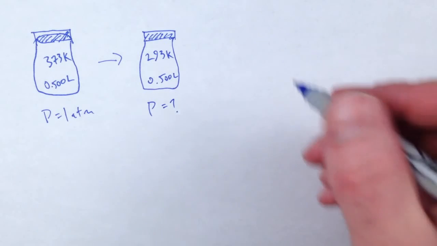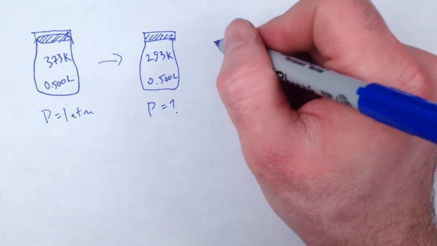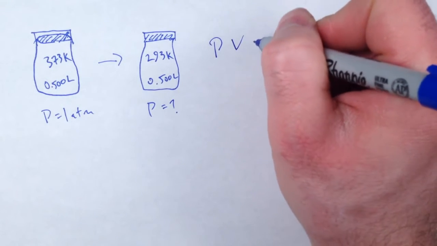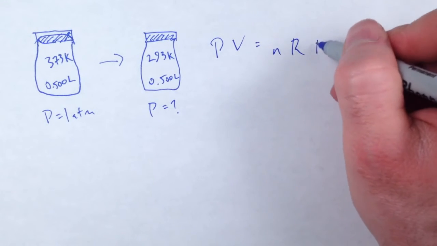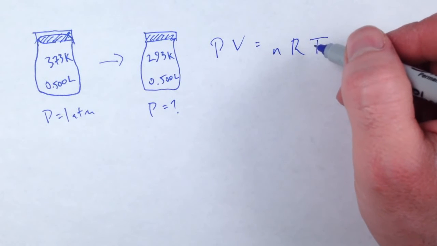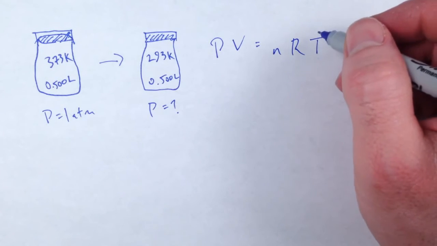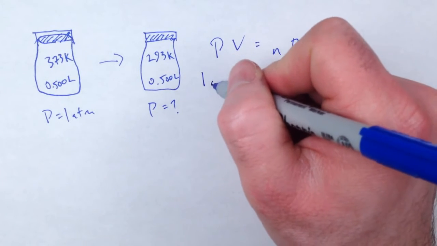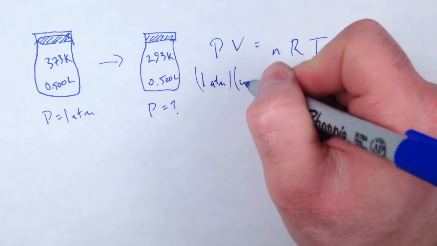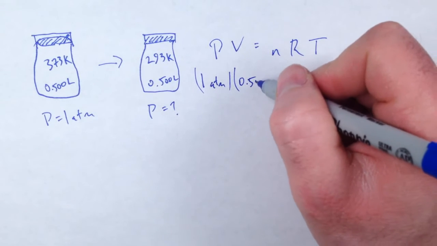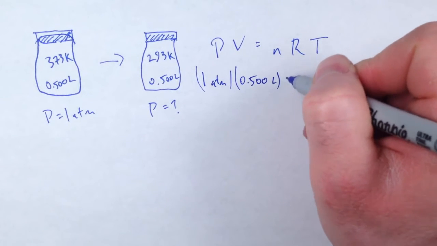So if we were to put this in the context of the ideal gas law, we've got a before, which is 1 atmosphere. The volume is 0.5 liters.